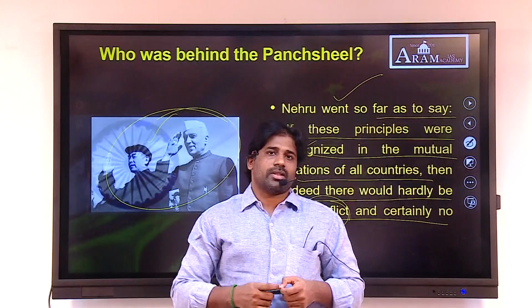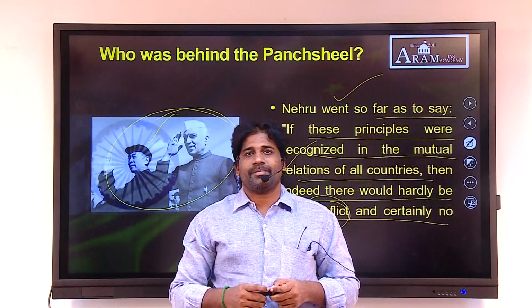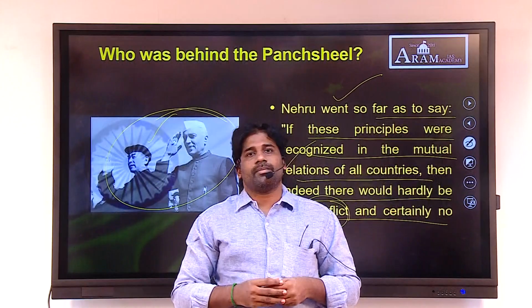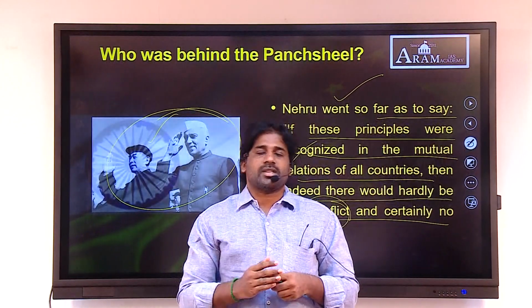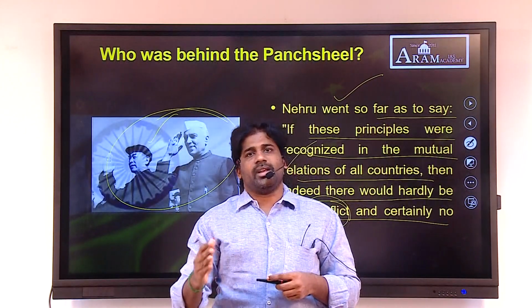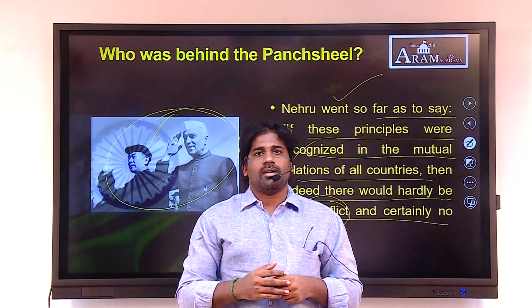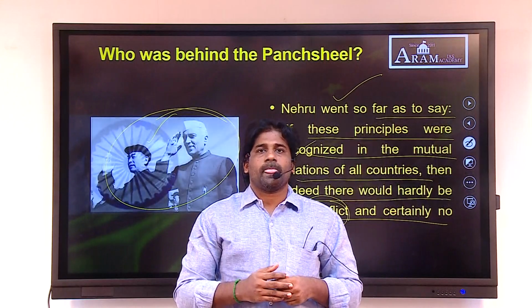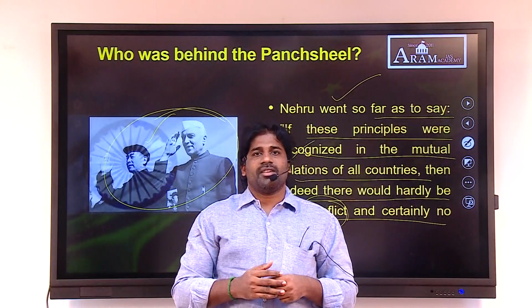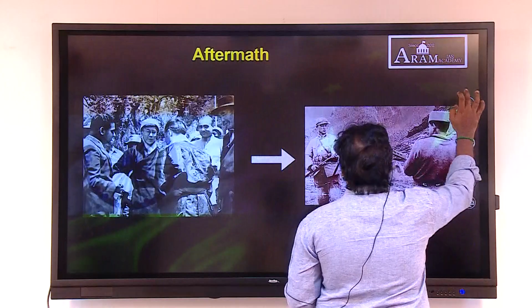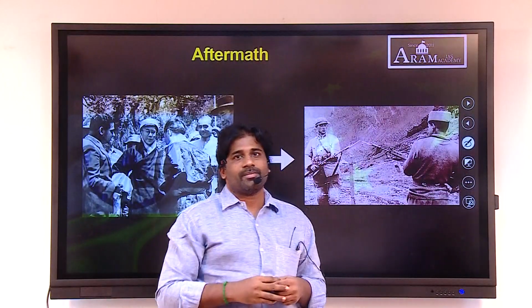Is India following this or is China following this? As far as we are concerned, both are not following it because of the present issues between India and China. 20 Indian soldiers lost their lives and 43 Chinese soldiers lost their lives. With this, we can understand that this principle is not fruitfully followed by both nations.